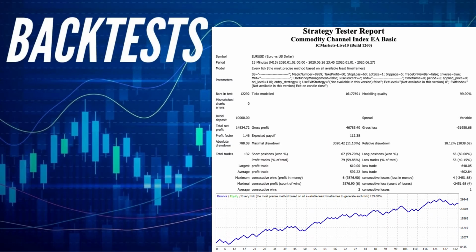Okay, now looking at the backtest results from the output of Strategy Tester using Tick Data Suite, which is what I'm using for all my backtests for greater accuracy. You can see going from top to bottom, we are testing this on the EUR/USD on the 15-minute time frame.